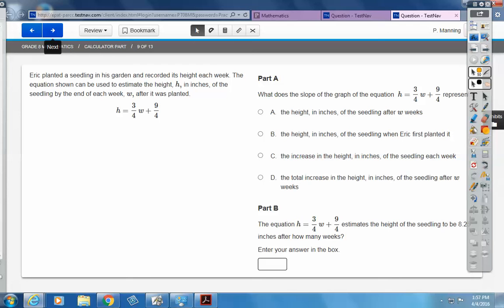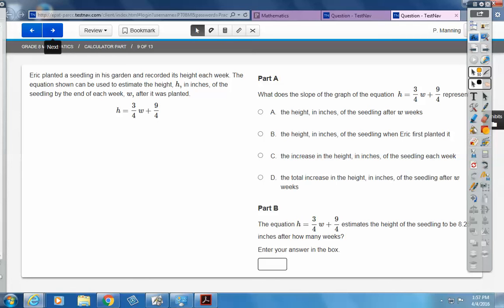So we have a linear relationship where the slope is 3/4 and the y-intercept, and in this case, how tall it was when it was planted, is 9/4. What does the slope of the graph, the equation, represent? Well, it shows how much it is growing each week, because we're multiplying 3/4 by each week.